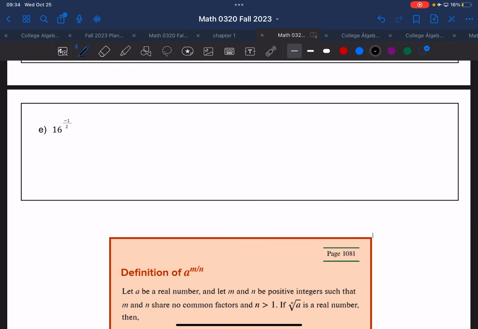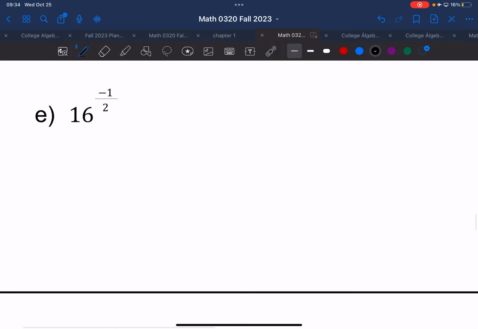What about E? What's different about E than the rest of them? Our fraction has a negative. So if you remember anything about the properties of exponents, how do we get rid of a negative power? A negative exponent.